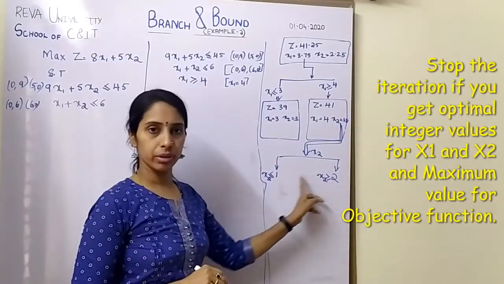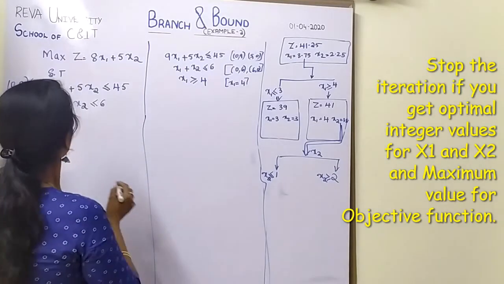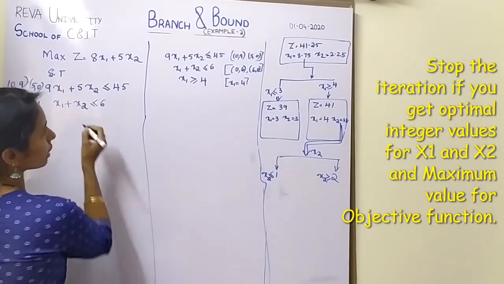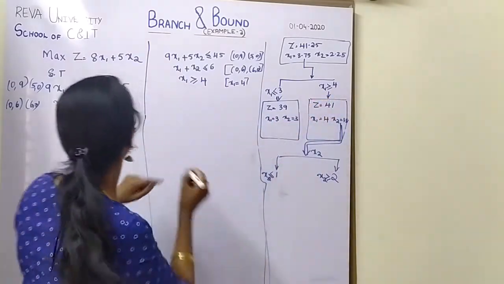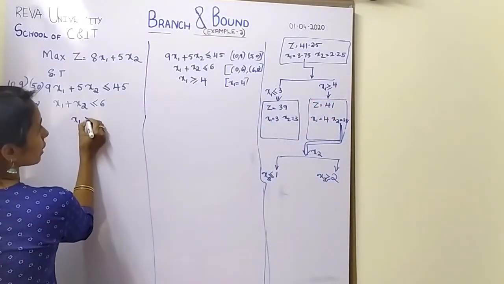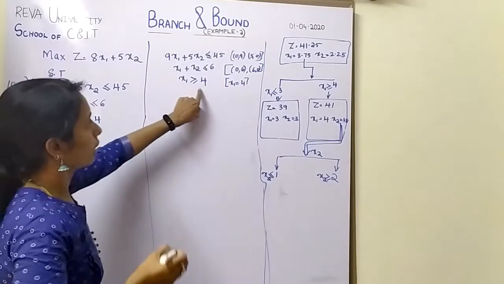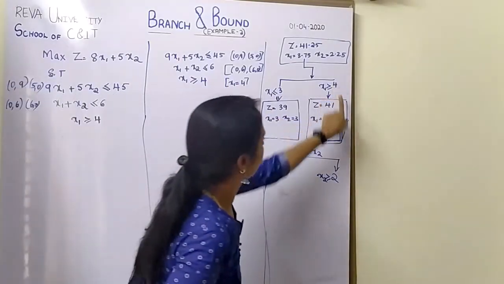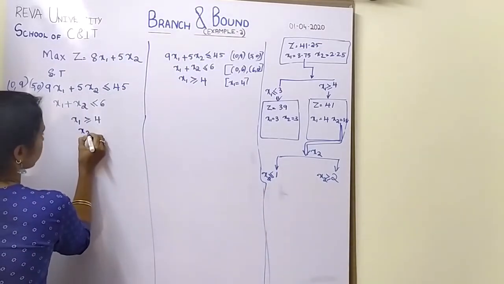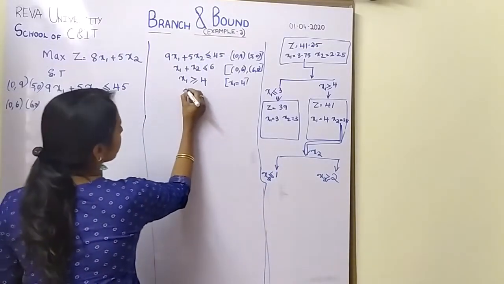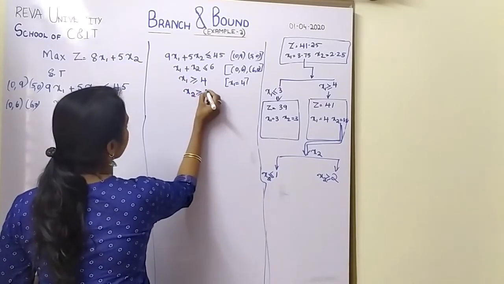Now we will include this constraint here. So one more constraint now, so next it leads to this: x1 is greater than or equal to 4. Now we are in the direction wherein x2 is less than or equal to 1 and x2 is greater than or equal to 2.